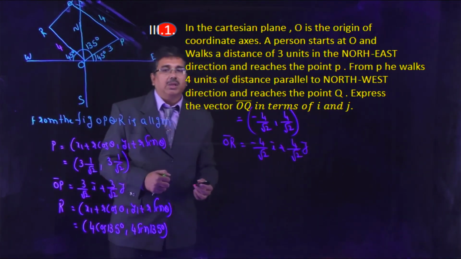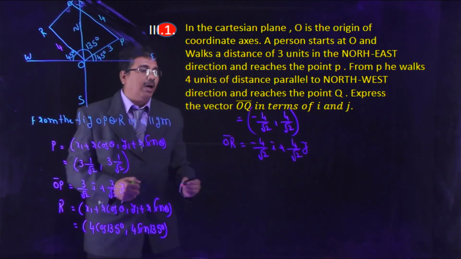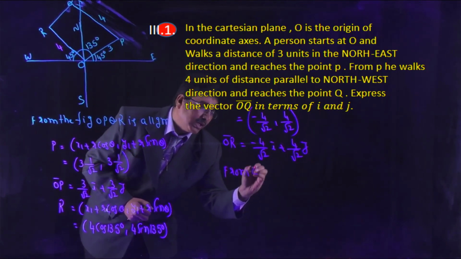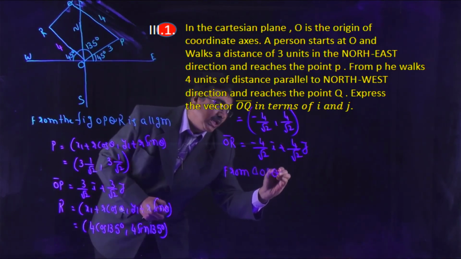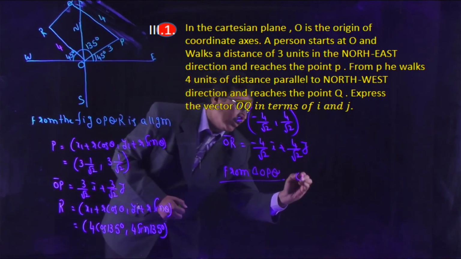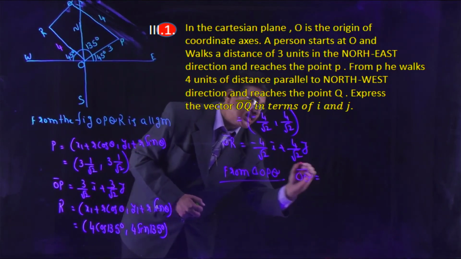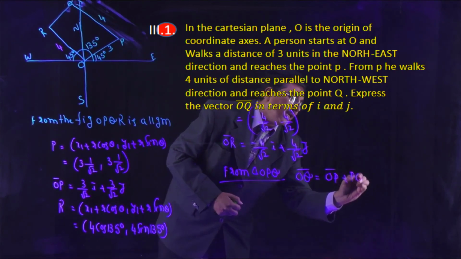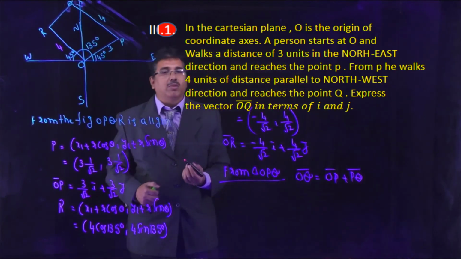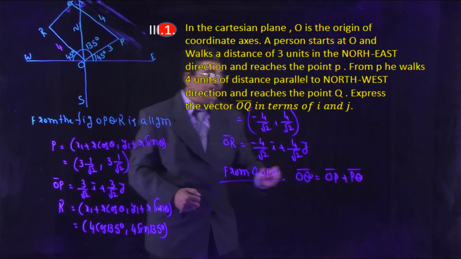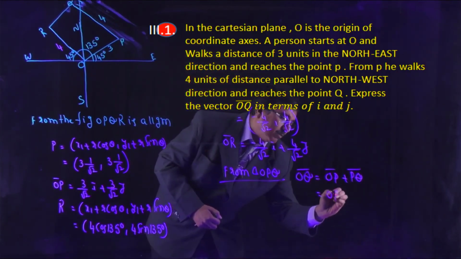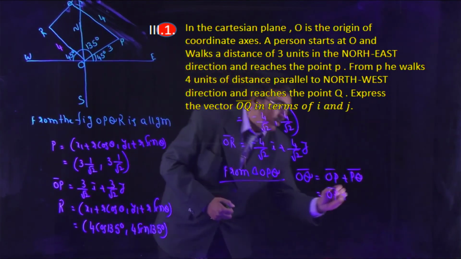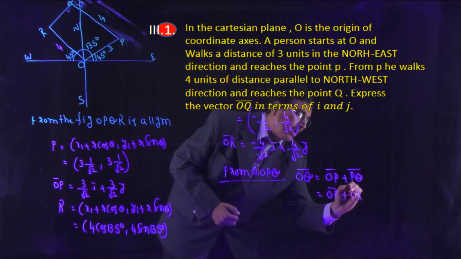Right, now OQ bar, from triangle OPQ, OQ bar is equal to OP bar plus PQ bar. What is PQ bar? PQ bar is same as OR bar since it is a parallelogram.